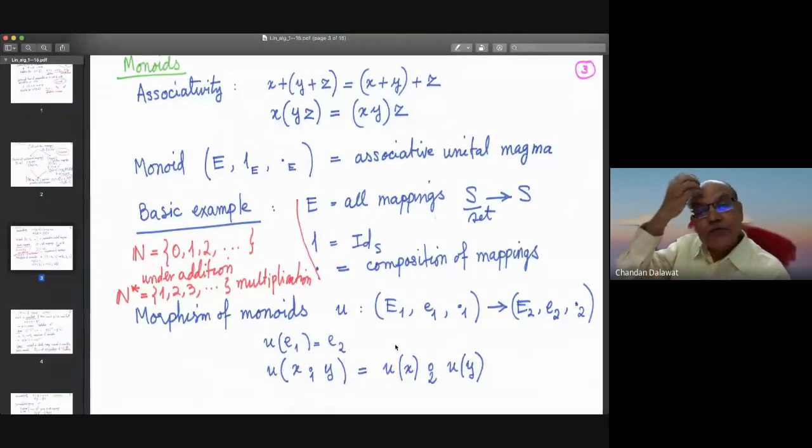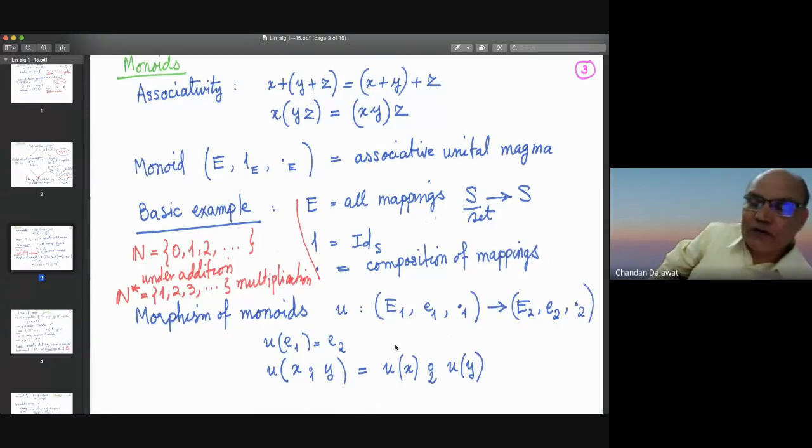Now let's come to a condition on a law of composition which is very, very common. Many laws of composition satisfy this condition. It's called associativity.